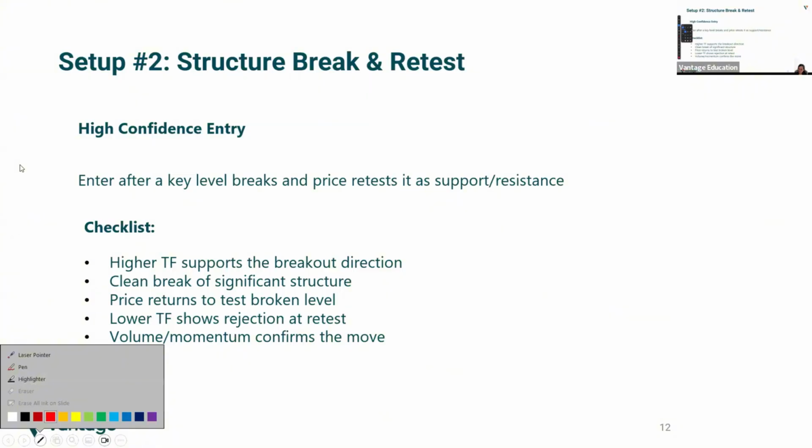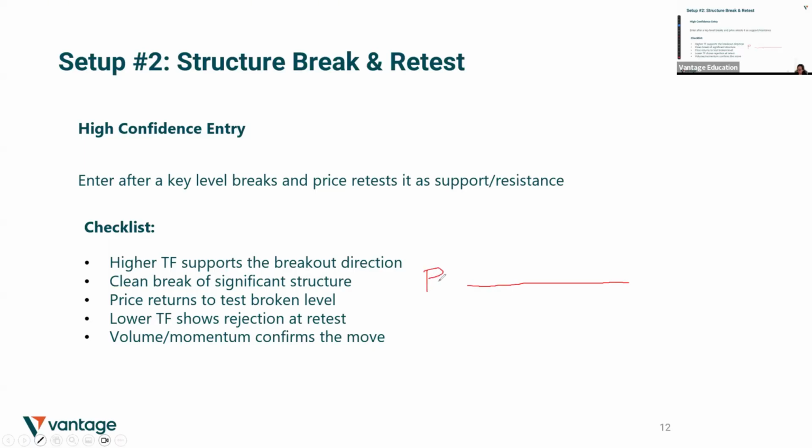Let's say we identify this as our resistance level, and price rallies. If price breaks above, then this resistance becomes your pullback support level. We already see a clean break of significant structure, so you need to wait for price to return to this support level, and then you buy.